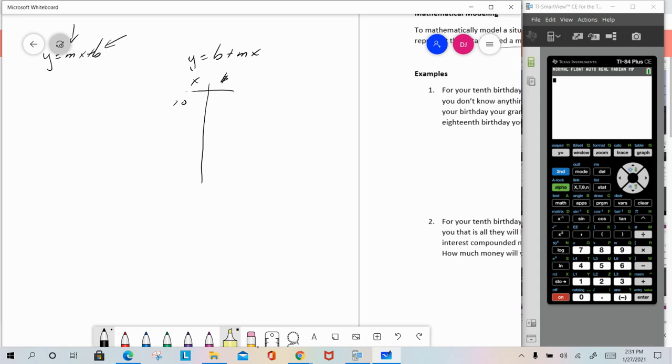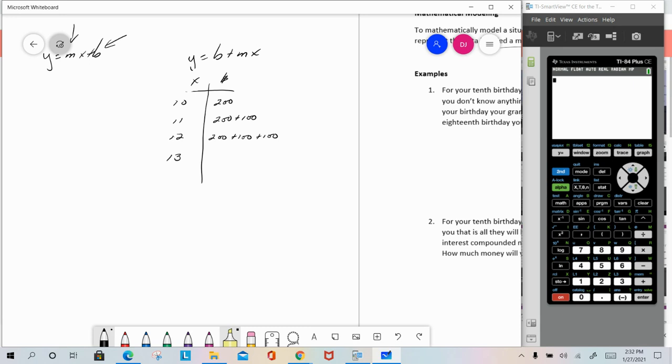On your 10th birthday, your grandparents give you $200. On your 11th birthday, you still have that $200, but they give you another $100. On your 12th birthday, you still have the $200 and the $100 from your 11th birthday, and now you add another $100.